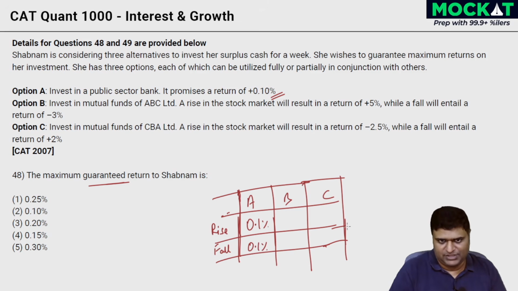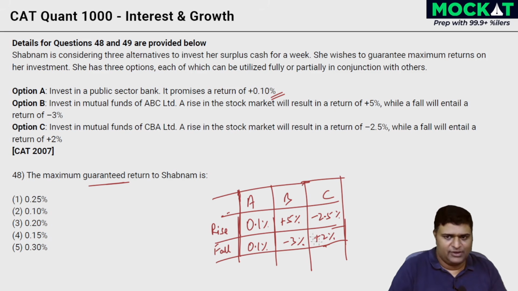Either way, that's the return over here. In the case of B, if it goes up, it's plus 5%. If it's a fall, it's going to be minus 3%. Okay, linked to the stock market. What about C over here? It's minus 2.5% if it's a rise, and a fall will entail plus 2%, pretty much guaranteed, right?